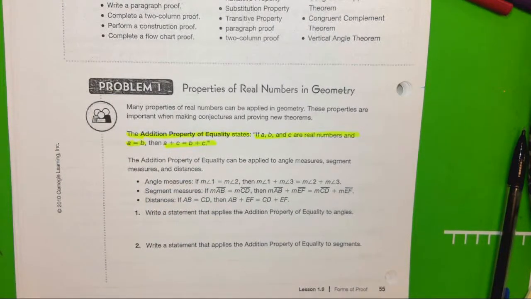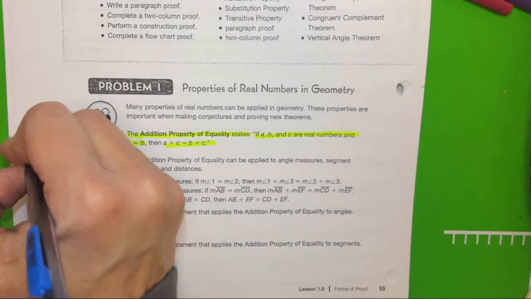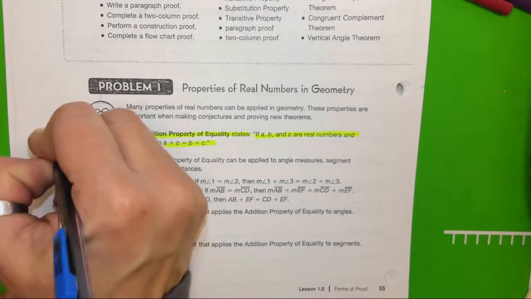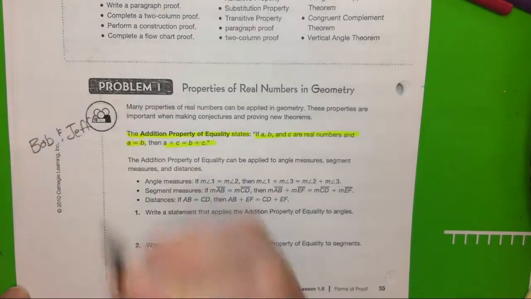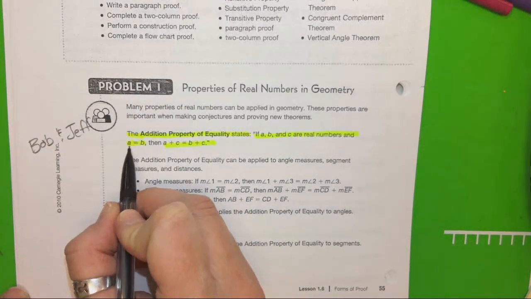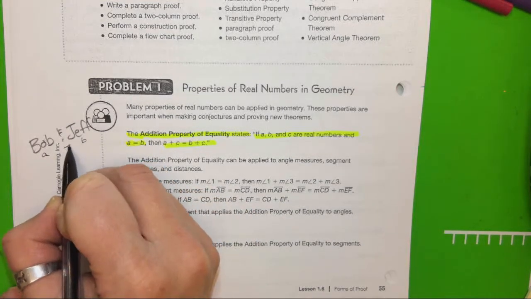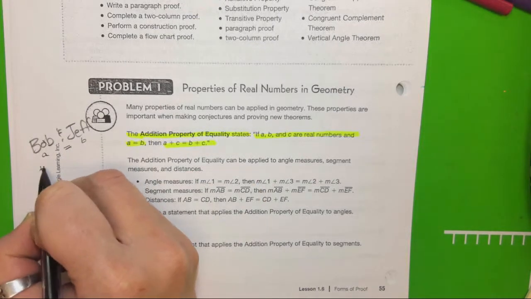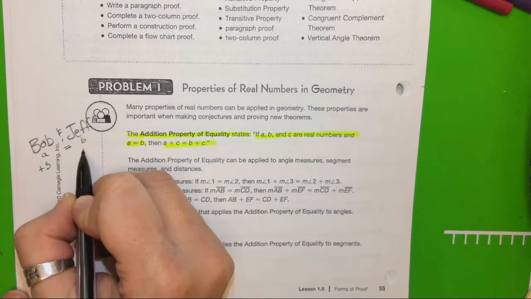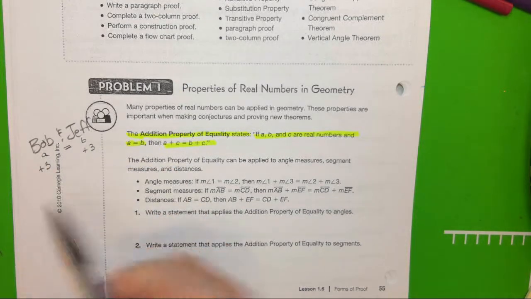So if we think about that in terms of, say, Bob and Jeff have the same amount of money. Well, if A is Bob and B is Jeff, and they have the same amount of money, and I gave Bob another $3, I have to give Jeff another $3, and then the total that they have would still be equal.